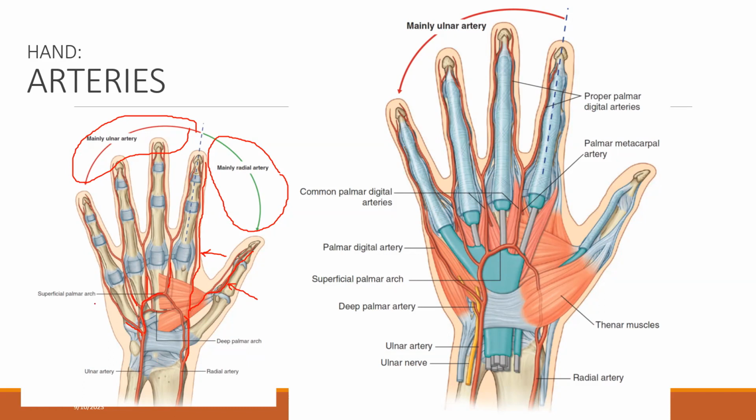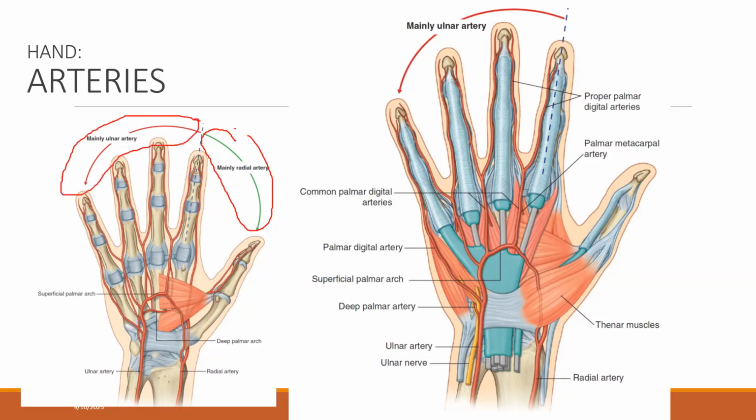And therefore, the superficial palmar arch, because they give off these branches, this part of the hand from the medial part of the index finger, this part right here, okay, all the way to the pinky finger are all ulnar artery mainly supplying them, okay? And that is the reason why people say that this part of the hand right here is mainly radial artery supplied, while the other part of the hand is mainly ulnar artery supplied, okay?